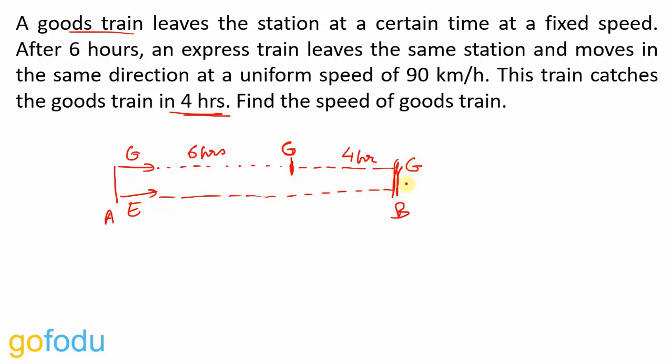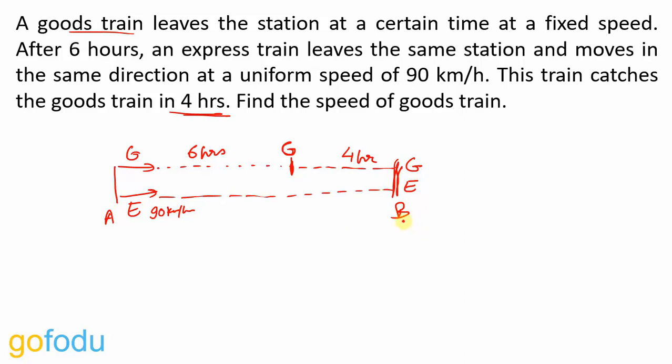So we have goods train and express train both here. And the speed of express train is given to us as 90 km/h. Now at this point of meeting B, distance travelled by the goods train will be equal to distance travelled by the express train, as they both have the same starting point and the same meeting point. Of course they will meet at the same point only.